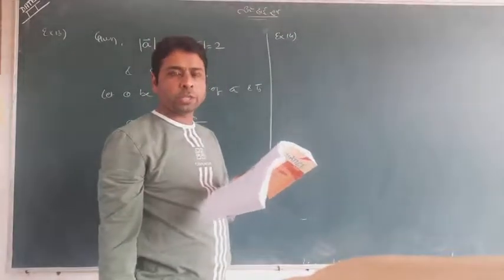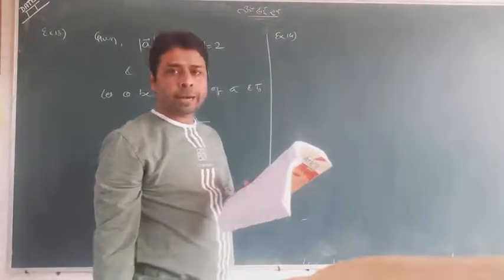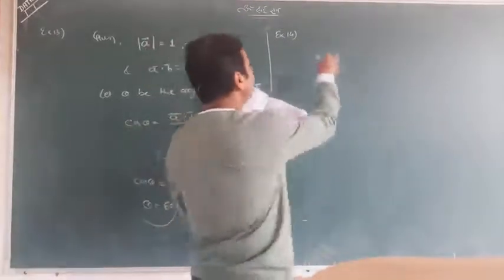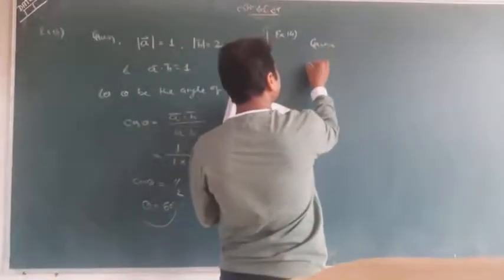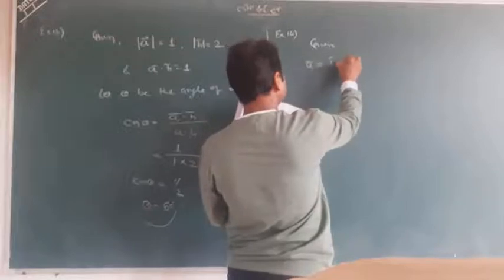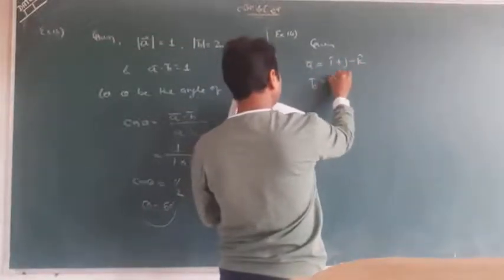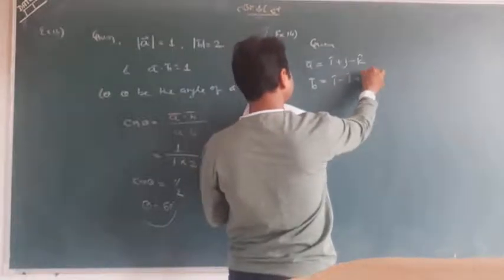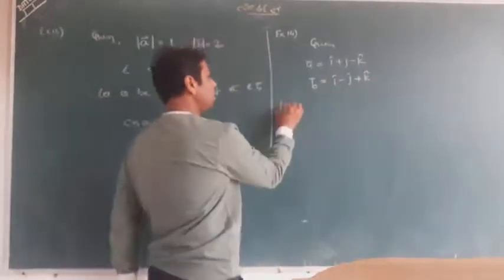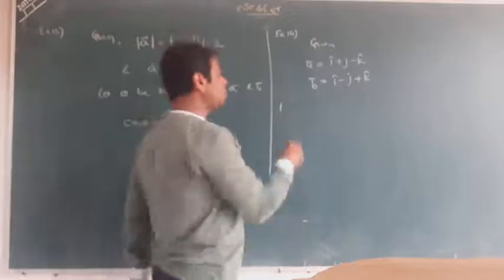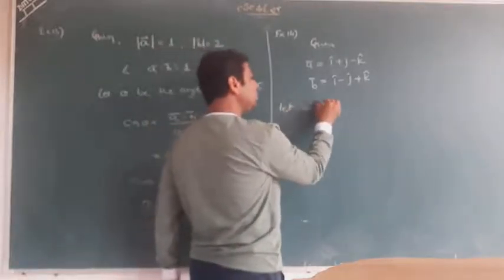Example 14. The question says find the angle theta when A and B are given. The given vectors are A equal to I plus J minus K and B equal to I minus J plus K, and we want to find the angle between them. Let theta be the angle.